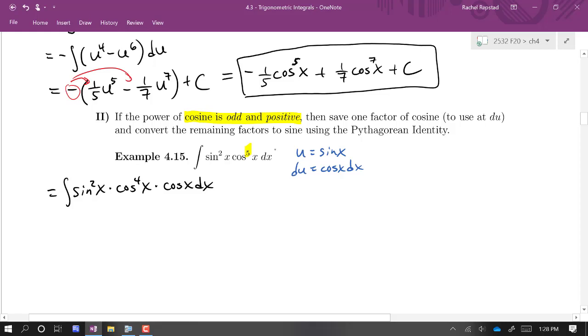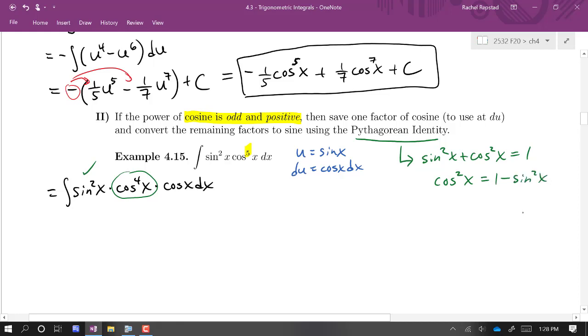So if I'm thinking that my u is equal to sine x, I want to write the rest of this integral in terms of sines. I'm pretty pleased about that sine squared right there, but we have to do something about this cosine to the fourth, and that's where Pythagoras is going to help us out. We know that sine squared x plus cosine squared x is equal to 1. So cosine squared x is 1 minus sine squared x. I mentioned that we can use Pythagoras for any even positive power.